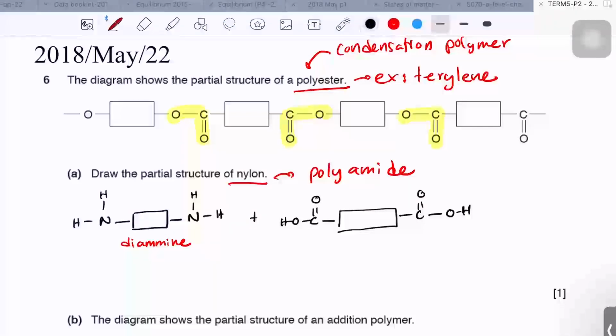So when a diamine combines with the dicarboxylic, this nylon is formed, or polyamides are formed.